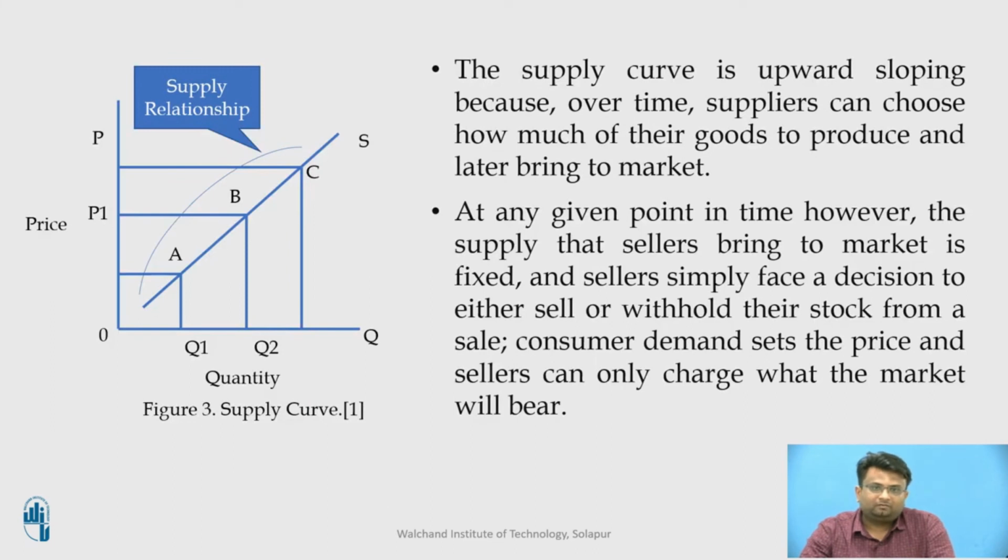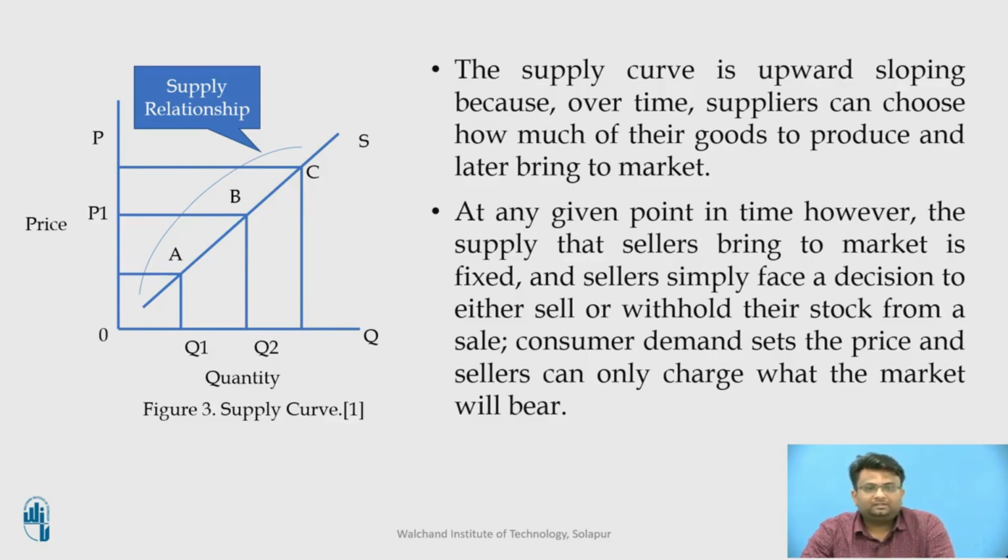The chart shows the law of supply using the supply curve, which is upward sloping. Point A, point B and point C are on the supply curve. Each point on the curve reflects the direct correlation between the quantity supplied and the price. So at point A, the quantity supplied will be Q1 at the price P1.